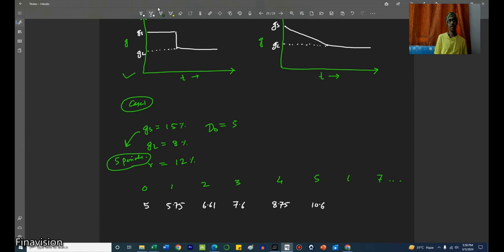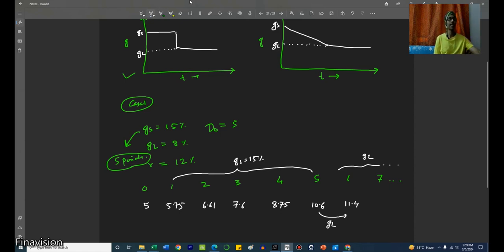Now from here we transition into the GL. Till now it was GS, which is 15%. Here it is GL, and the GL is 8%. So this is equal to 11.4.